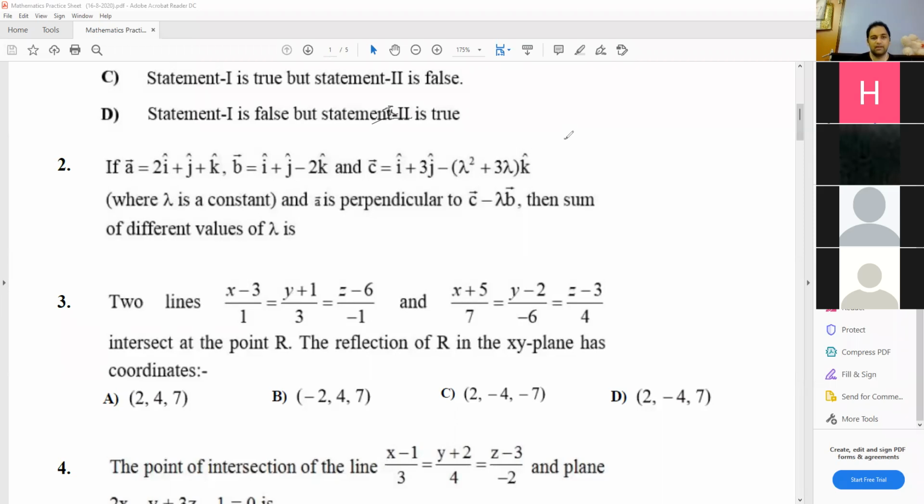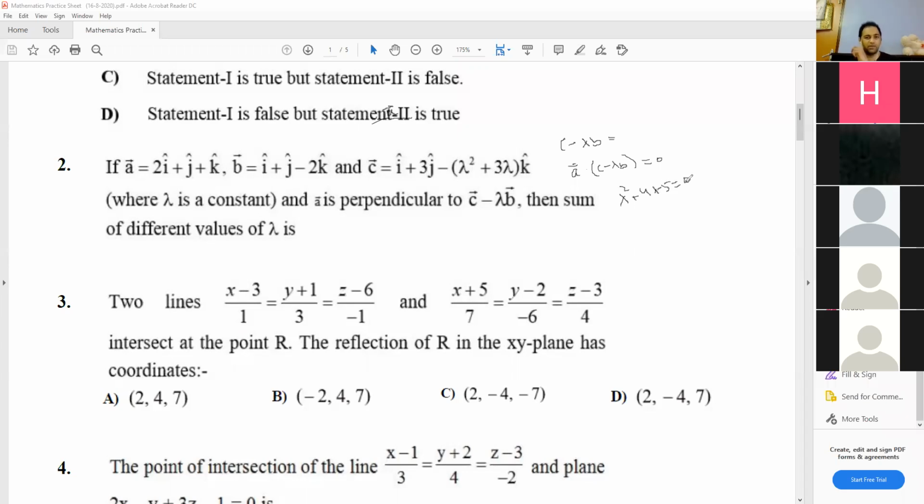Sir, vector A निकालेंगे फिर vector C minus lambda times vector B. C minus lambda B निकाल लो पहले, and then उसका A dot C minus lambda B should be equal to 0. That should give you a quadratic in terms of lambda, which is like lambda square plus 4 lambda minus 5 equal to 0.